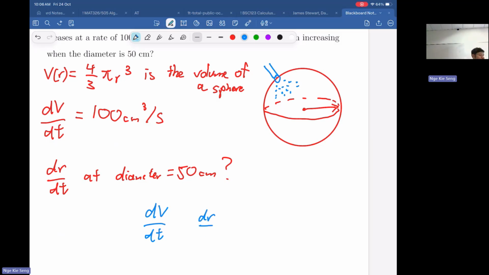Maybe I put it in some form, maybe it can remind you a bit better. dV dt and then dr dt. What else do you need? Does this remind you of anything? What's the thing you should put in front of dr dt? There's some missing piece here.